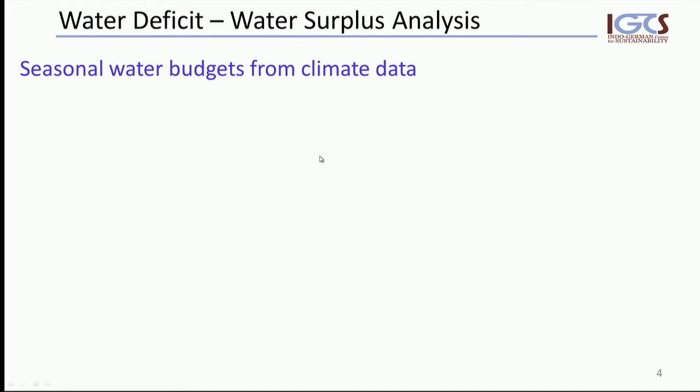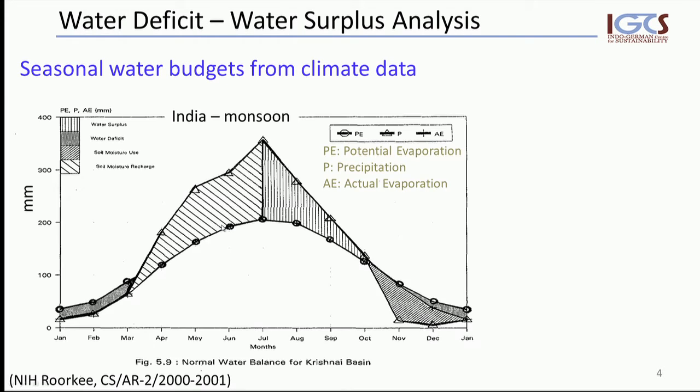We can derive from climate data a seasonal water budget in a quite efficient way. I've chosen an example from a report produced by the National Hydrology Institute in Roorkee, just for you to be more familiar with the climate data.